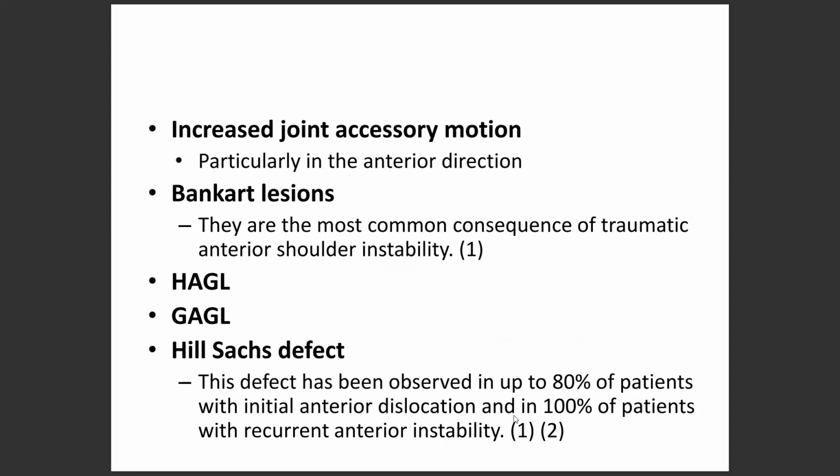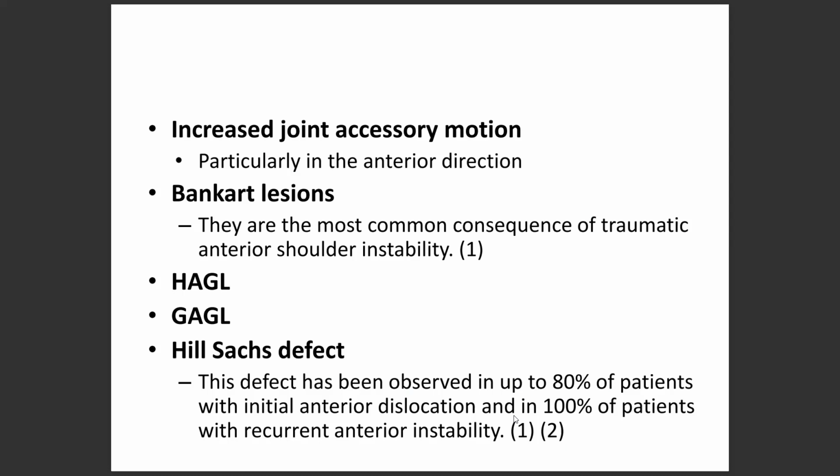Bankart lesion: we have discussed earlier in unidirectional instability that anterior dislocation doesn't mean exactly anterior, but the dislocation is mostly in the anterior inferior direction. If we look at the clock, the position of exit from the glenoid fossa is between the 3 and 6 o'clock position.